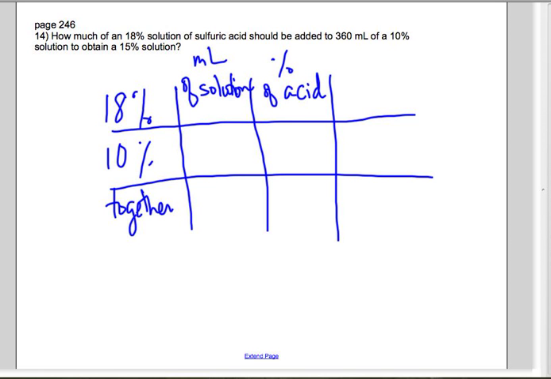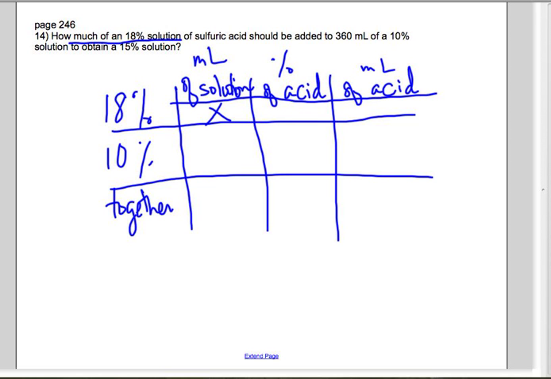And this will be the milliliters of acid. So this is the amount of acid. So the 18%, we don't know how much total milliliters that is. That's what we're solving for. It says how much of the solution has to be added.